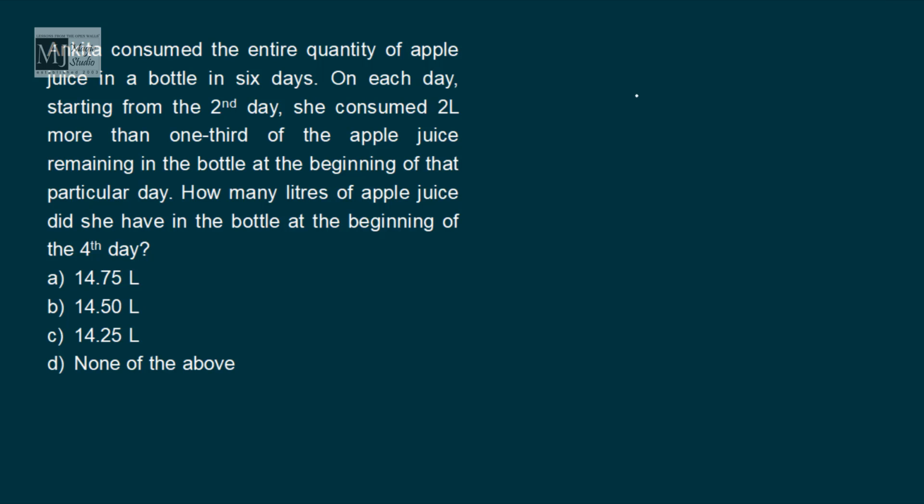Ankita consumed the entire quantity of apple juice in a bottle in 6 days. In 6 days, all apple juice is consumed. On each day, starting from the second day, she consumed 2 liters more than one third of the apple juice remaining in the bottle at the beginning of that particular day.